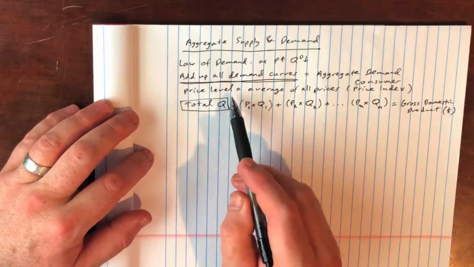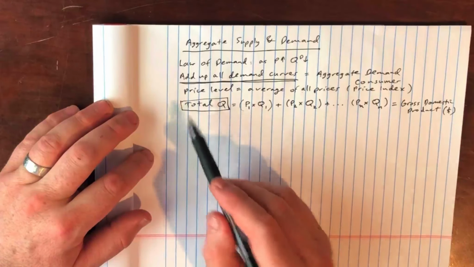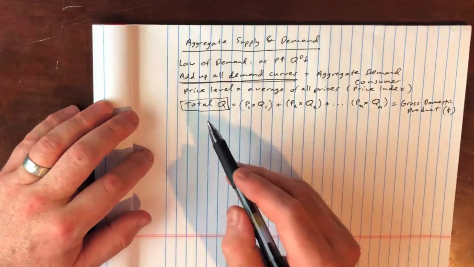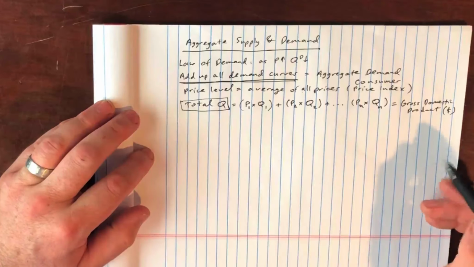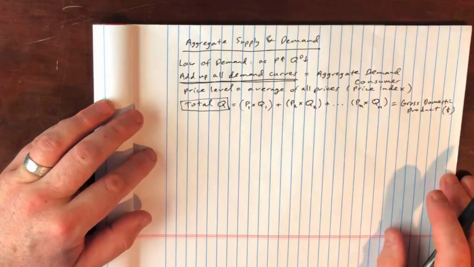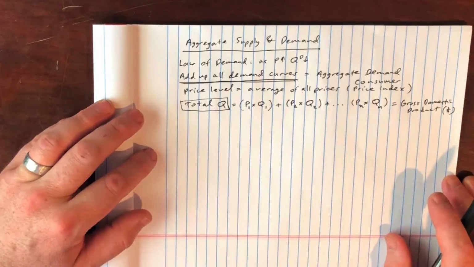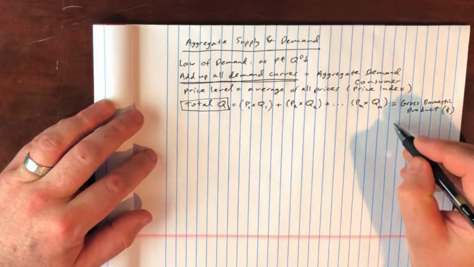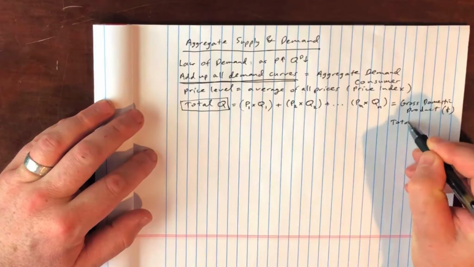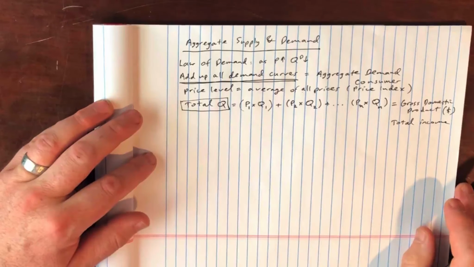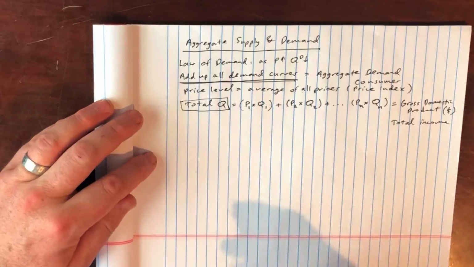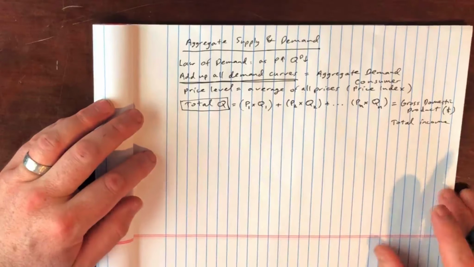Okay, so price level, that's price on the macroeconomic level, and then total quantity is in dollars, it is the GDP. And we use a bunch of different synonymous terms to refer to this. So gross domestic product is also total economic income. Okay, total income, total gross domestic product, total quantity, same exact thing.